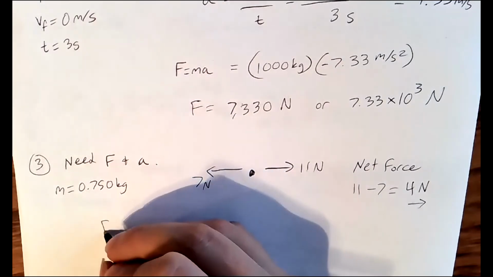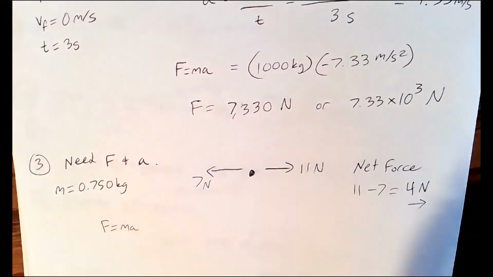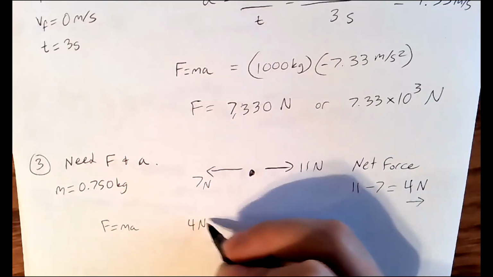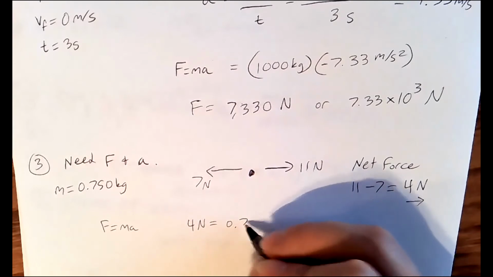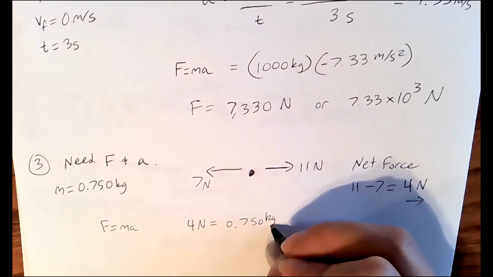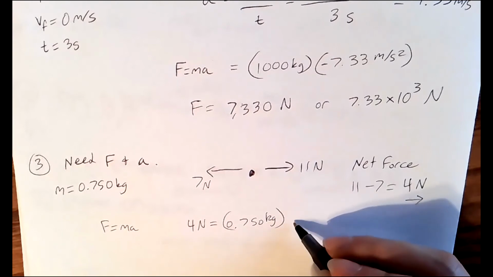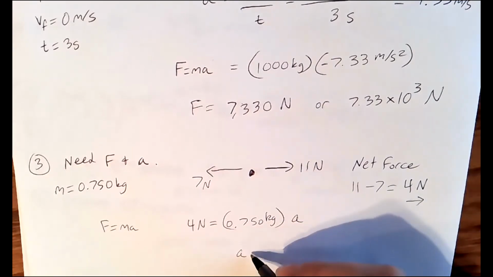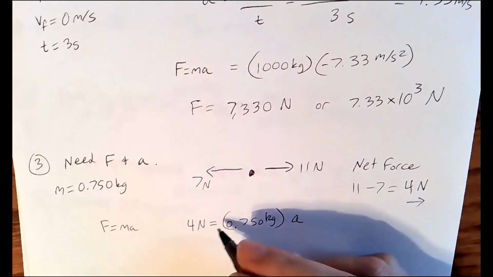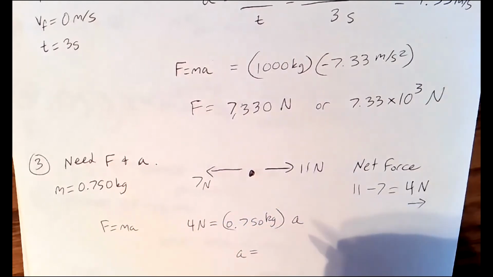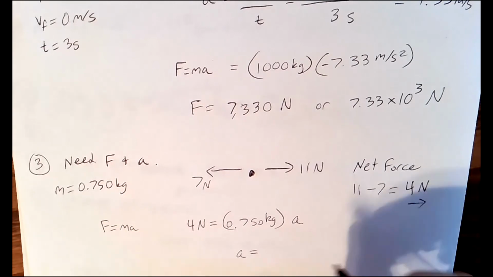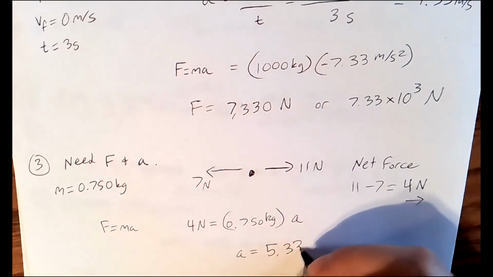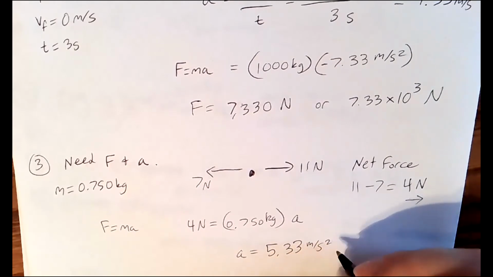And now you use that equation again. F equals ma. Well, F equals 4 newtons, and the mass is 0.750 kilograms. So you just divide 4 by 0.75. So A equals 5, let's say 5.33 meters per second squared.